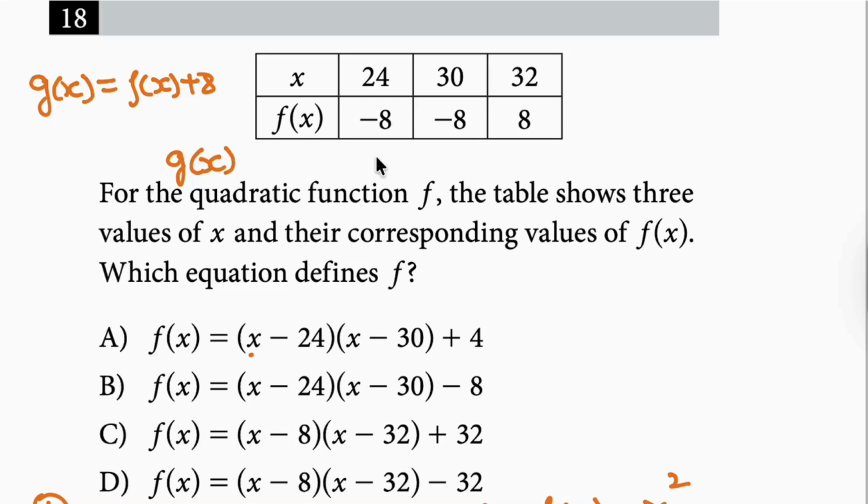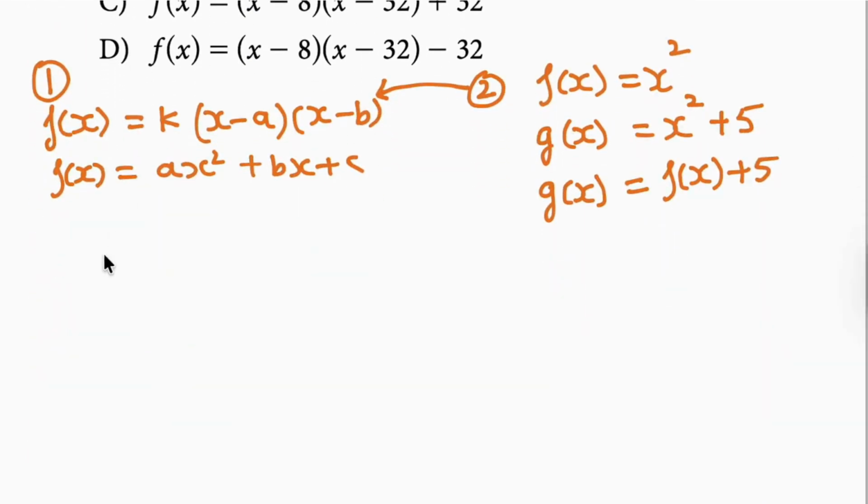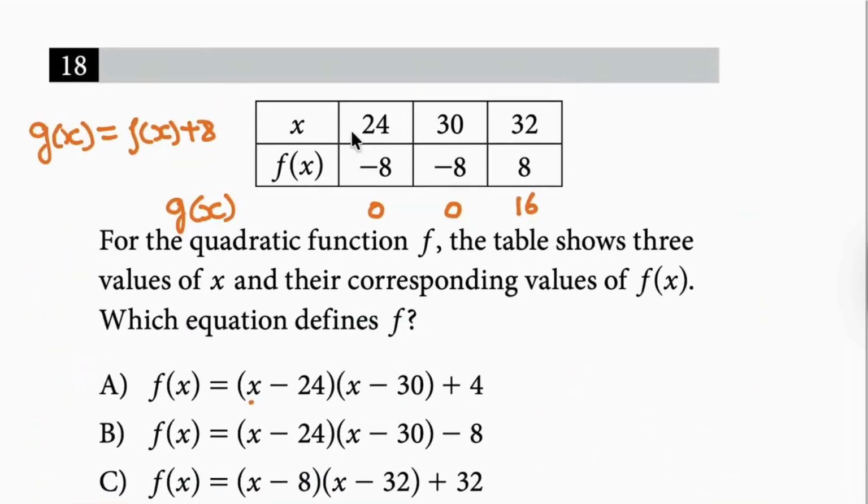If I add 8 here, it will become 0. If I add 8 here, it will become 0. If I add 8 here, it will become 16. So g(x) is a new function, f(x) plus 8. If we write it like this, then f of 24 is equal to negative 8 and g of 24 is equal to 0.